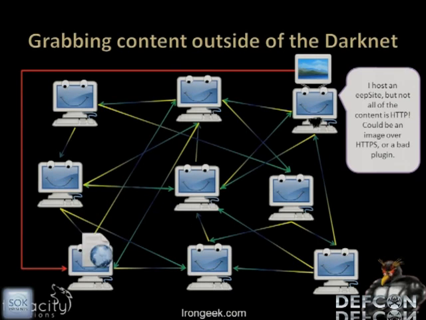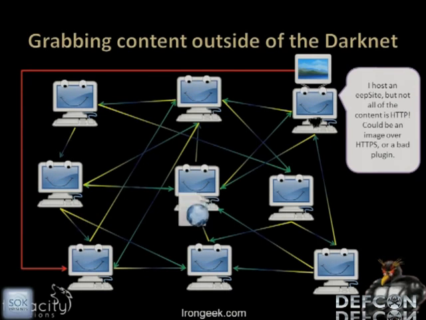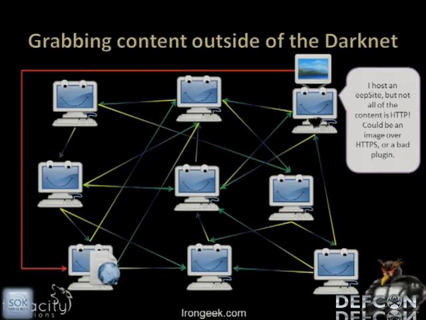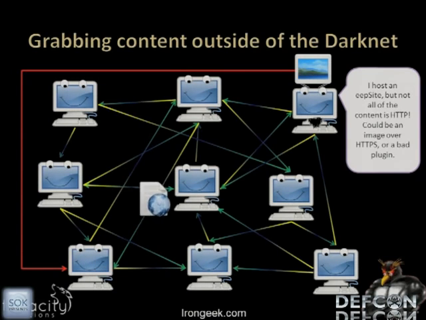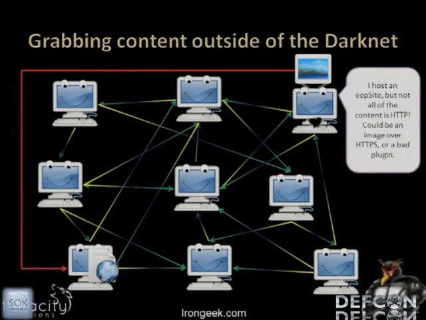In this case, I had configured an HTTP proxy using I2P, but I did not configure an HTTPS proxy. So if someone happened to have an image embedded in the page with an HTTPS URL to some image, it would not be going through my darknet. Instead, it would be going directly, and let's say they're serving up serial numbered images. They can quickly correlate who visited this page with this particular person who contacted me inside of the darknet.